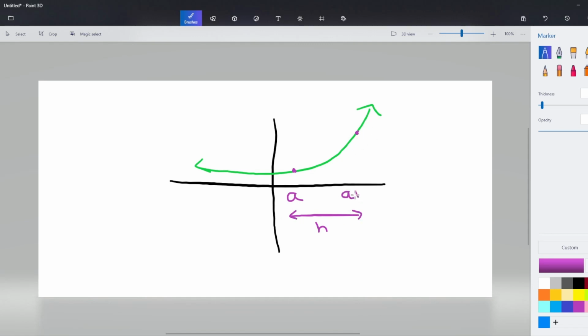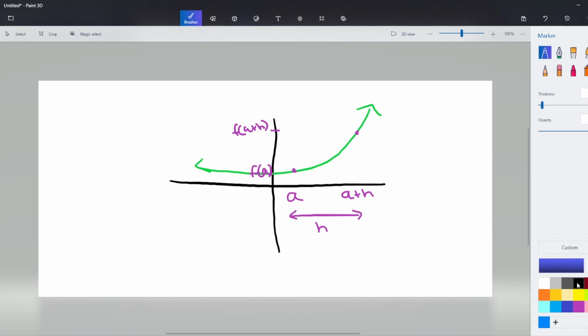So this point is A plus h, right? Now the y of this will be f of A, while the y of this point will be f of A plus h. So I'll actually draw these on the y-axis over here. So f of A, and here will be f of A plus h.